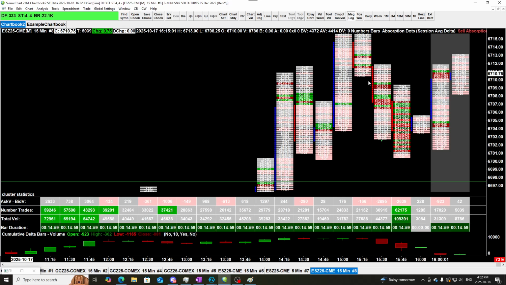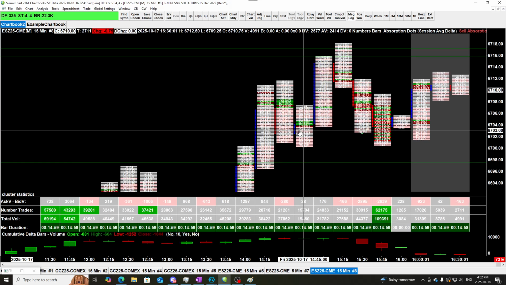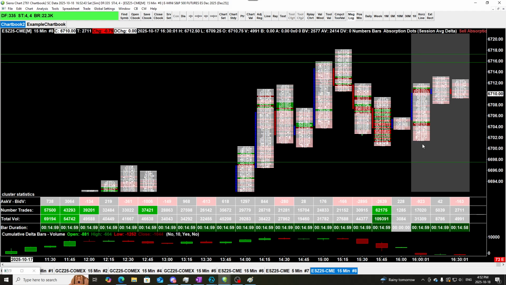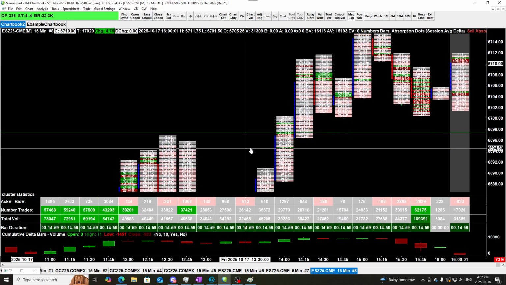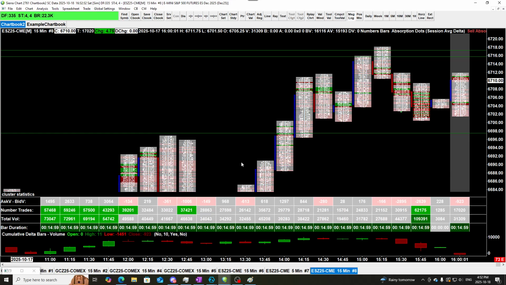Even if you are taking a short, it should have been just this area. So on a whole, this play was having very less reward, so you could have taken no trade on this day.